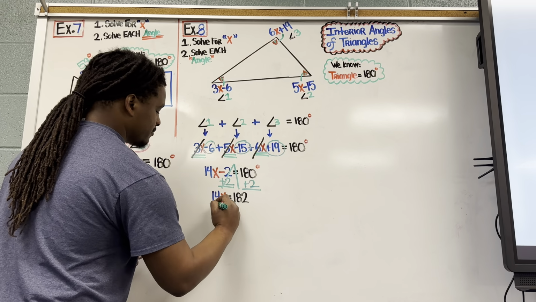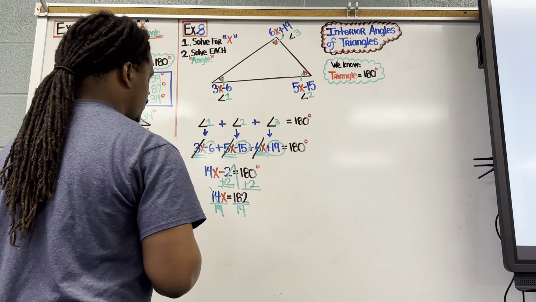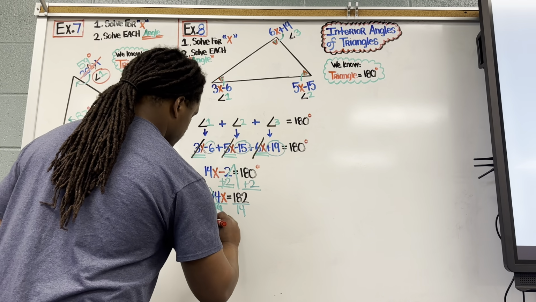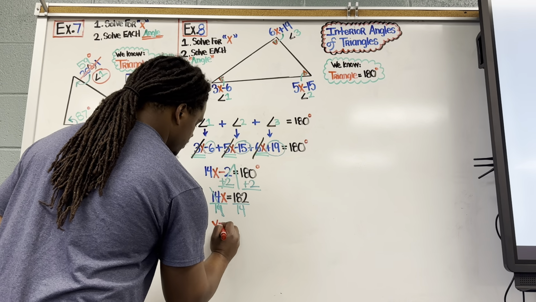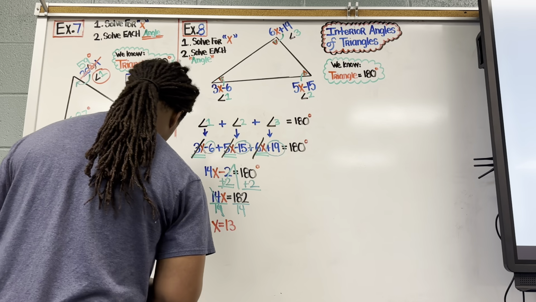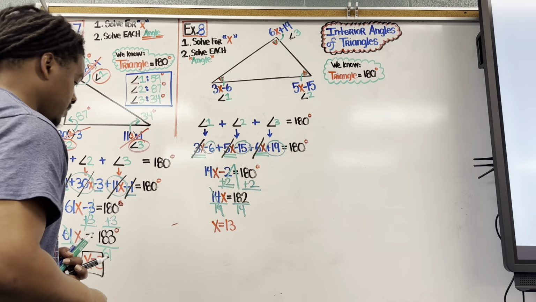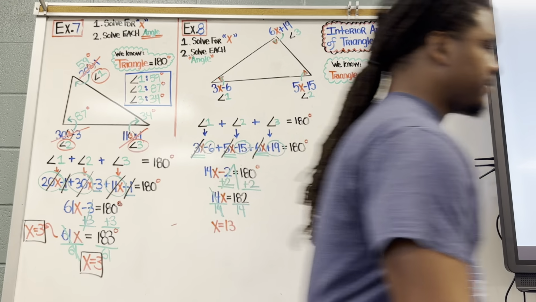So 14x divided by 14 is just x, and 182 divided by 14 is 13. Okay, it's 13. Let me just make sure, guys, because I did that in my head. Let me just make sure real quick that it's 13. 182 divided by 14 is 13. Okay, cool, I was correct. So x has a value of 13.